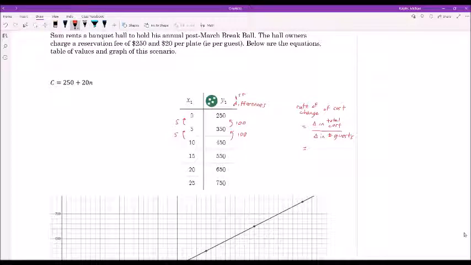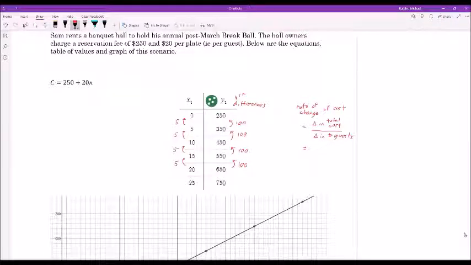So last time we looked at first differences, and we noticed that for every different row, there's a difference of $100 in the total cost of the banquet, and that corresponds to a change of 5 guests per row.